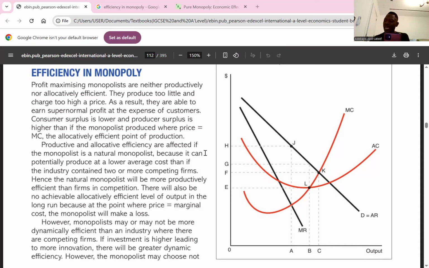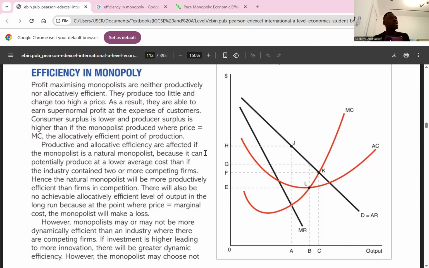Then the profit maximizing price of OH is above the allocative efficiency price of OF, because you are supposed to sell at the price of OF. Do you see OF there? OC gives us K, but the monopolist is producing where MC equals MR. So the profit maximizing price of OH is above the allocative efficiency price of OF.